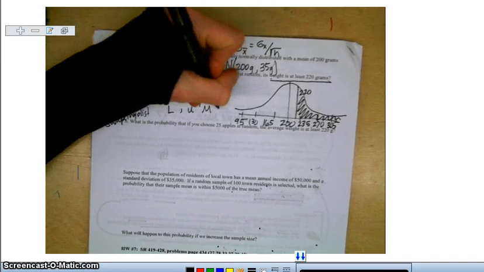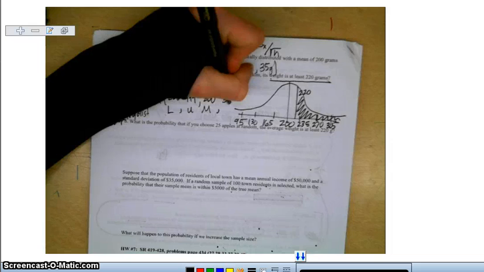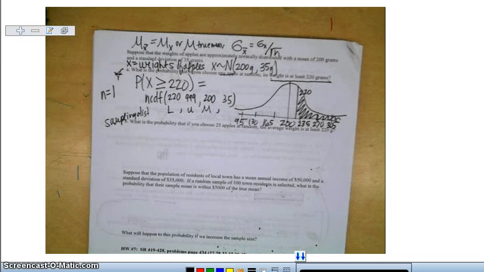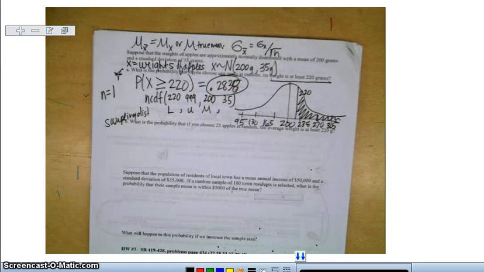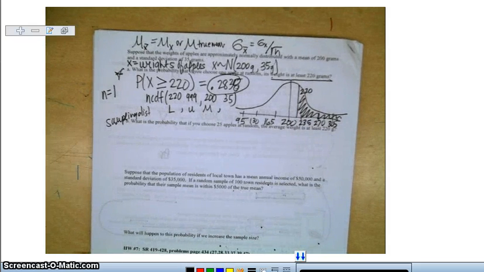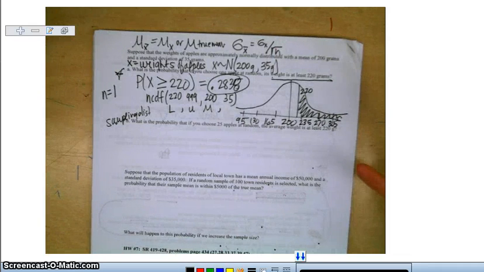My standard deviation, 35. And what do you get for your probability? 0.2838. Anyone agree? 0.2838. Okay. So there's a 28% chance that if you pick up just one apple, it's going to weigh at least 220 grams. Now that's old normal model stuff.